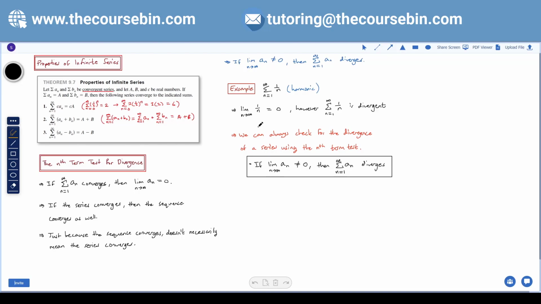And it's kind of counterintuitive because since you're doing a series of a sub n from n equals 1 to infinity, and the limit approaches 0, it's kind of intuitive to think that after adding so many terms, eventually you're just going to be adding a bunch of zeros, right?